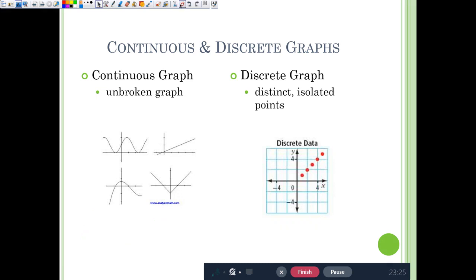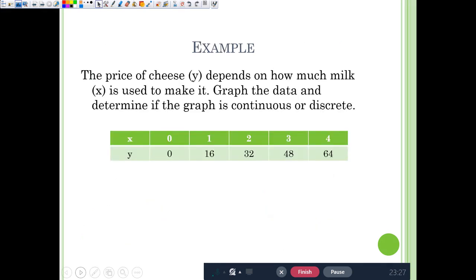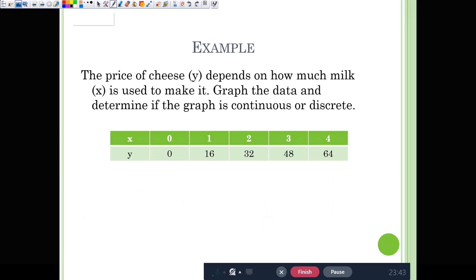So let's look at our examples. The price of cheese, y, depends on how much milk, x, is used to make it. Graph the data and determine if the graph is continuous or discrete. So I'm going to draw my graph. These are all going to be positive numbers.